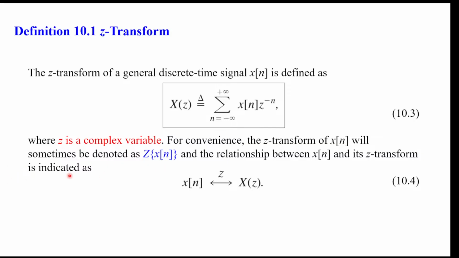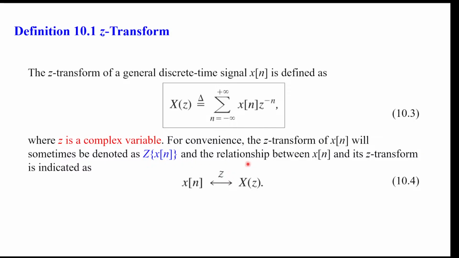And so this is a generalization of the discrete time Fourier transform. Back when we did the discrete time Fourier transform, this z was e to the j omega. But now it's just z, and z doesn't need to be e to the j omega. z can be any complex variable.